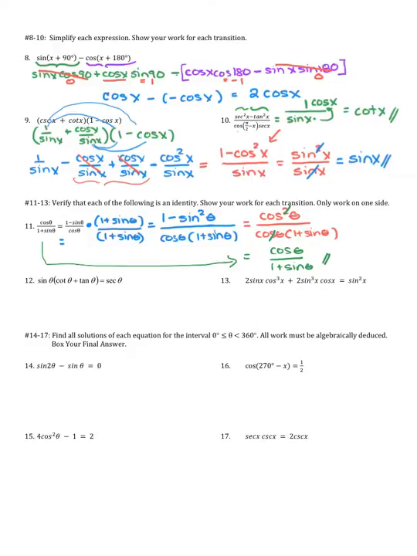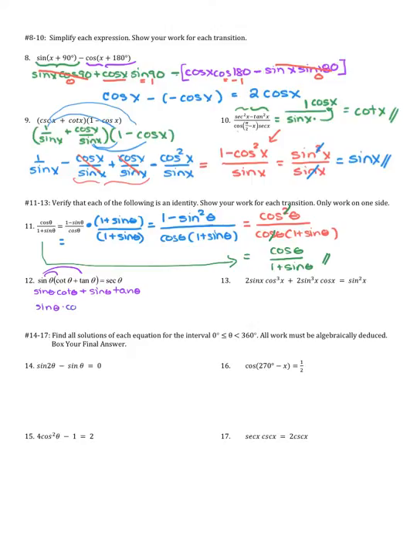Okay, so on number 12, what we're going to do initially is distribute. So let's start this one with purple. Okay, so I'm going to distribute. So I have sine theta cotangent theta plus sine theta tangent theta. All right, so let's rewrite all of this now in terms of sine and cosine.